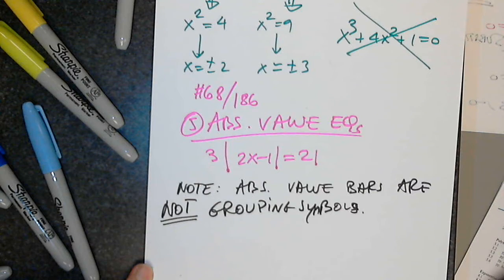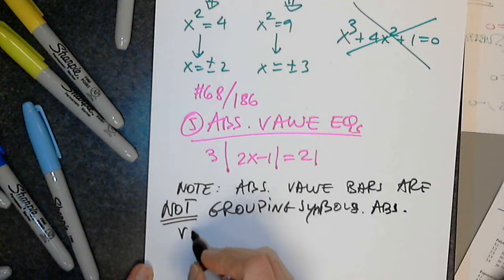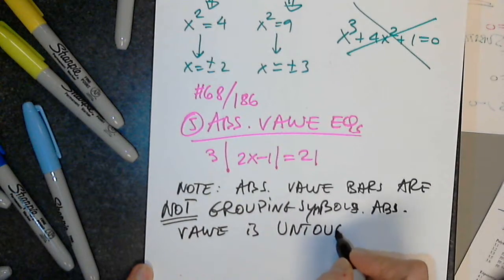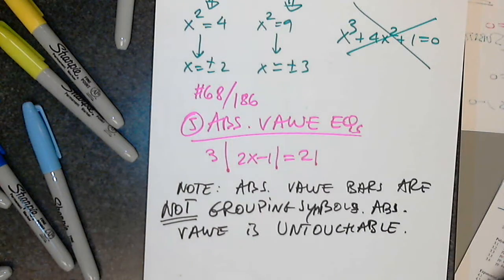What does that mean? You cannot distribute anything inside. You cannot take anything outside. You cannot multiply or simplify. You cannot touch. So the absolute value is untouchable. Do not touch it with anything.